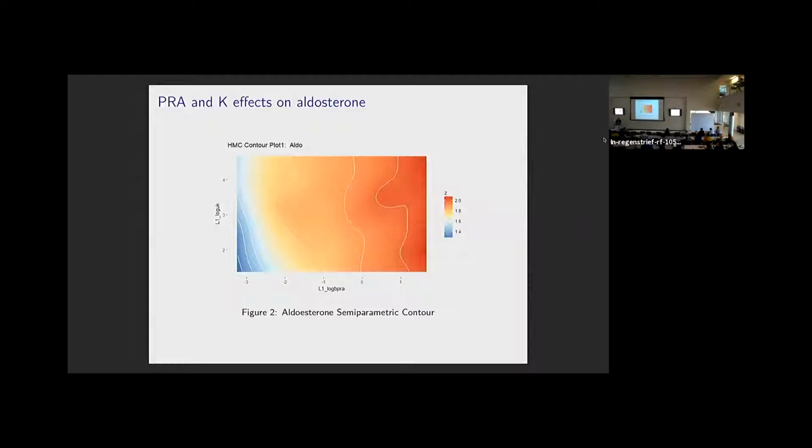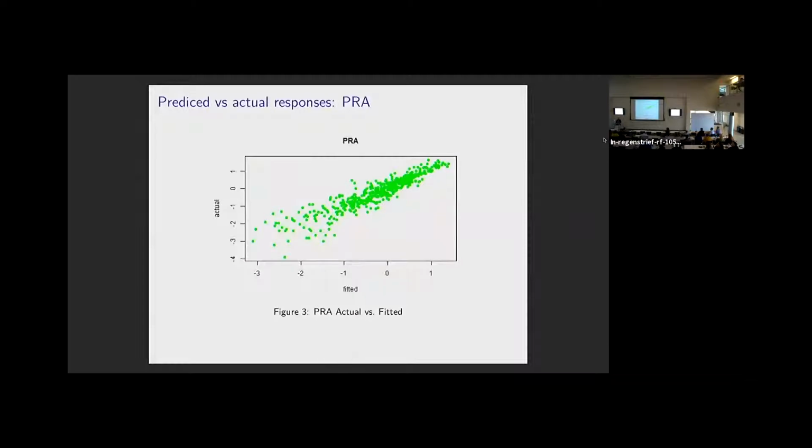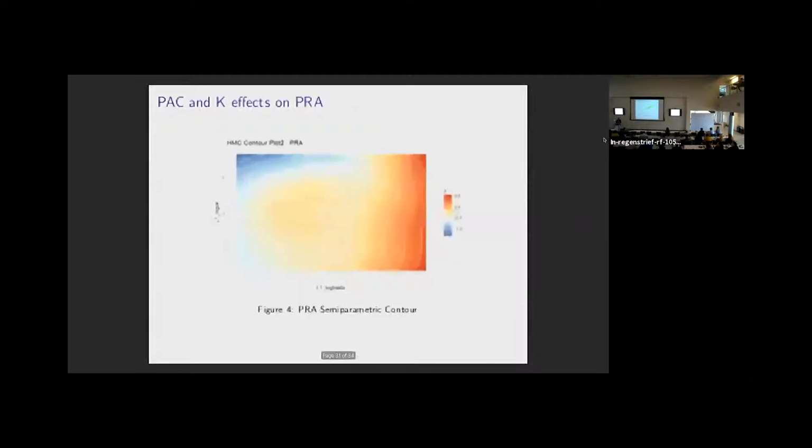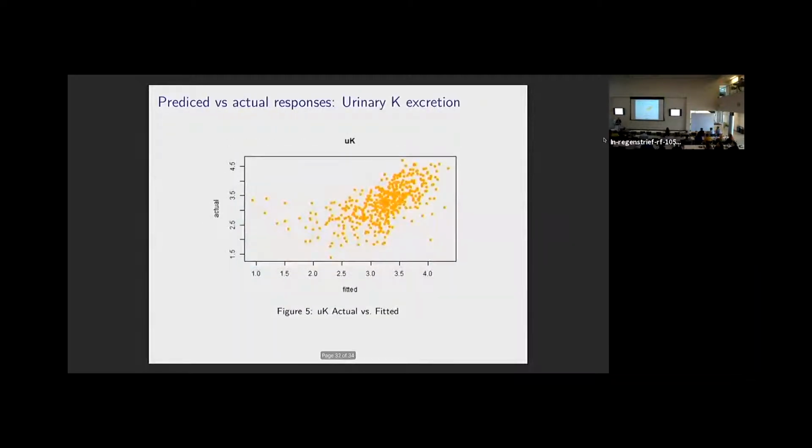Of course, you can also look at the same thing for renin, okay? And for potassium, this is where we got into a little bit. There is vaguely a trend, but not as clear. We know that urine potassium excretion, or any urine electrolyte excretion, tends to vary quite a bit.